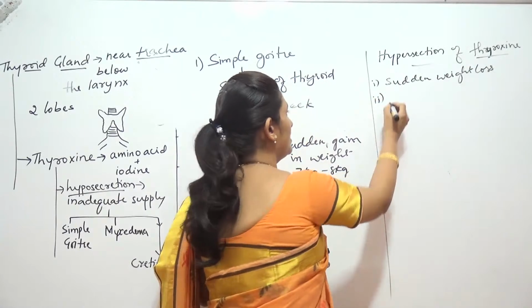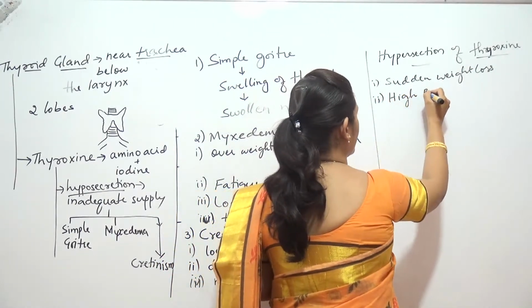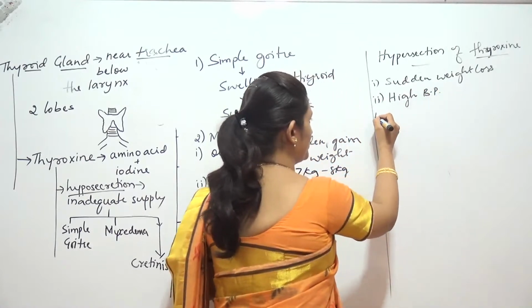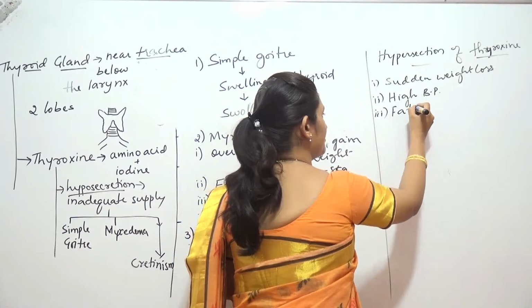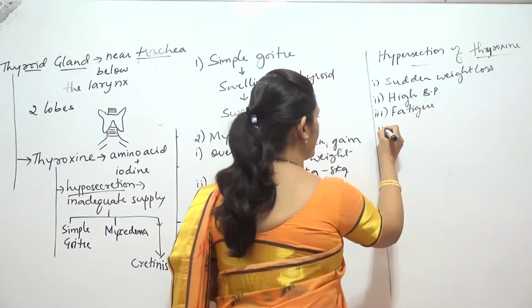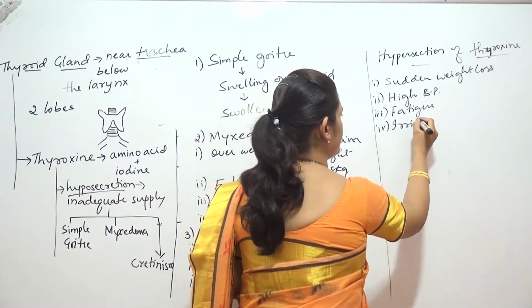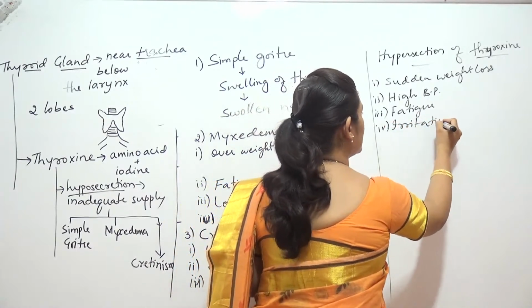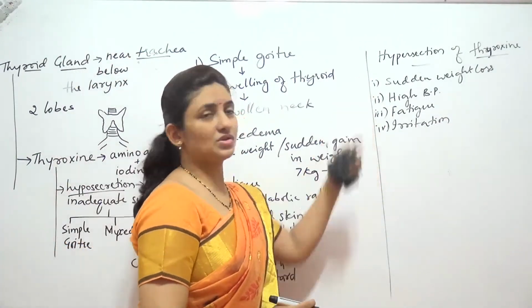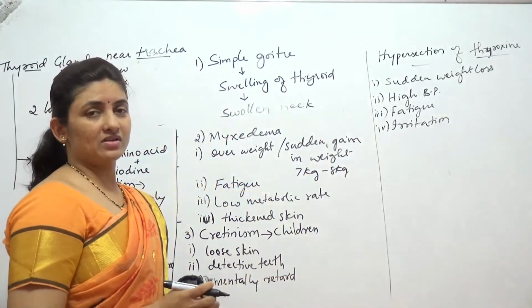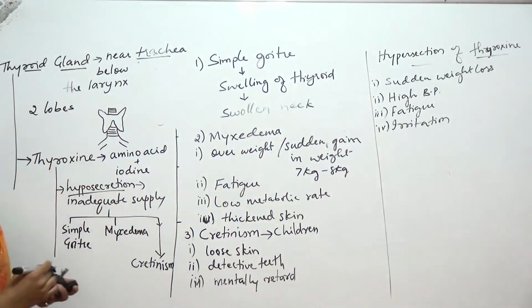Second, high blood pressure is seen in the person. Feels very much fatigued, tired. Then irritation. So these are the simple symptoms that we come across in the person who is having the condition of hypersecretion of the thyroxine. So this is about the thyroid gland.